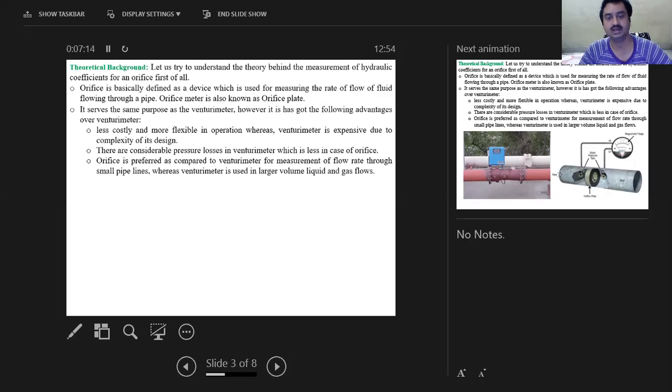And the third point is that an orifice is basically preferred over a venturimeter for measurement of flow rate through small pipelines. For small pipelines, an orifice is preferred, whereas a venturimeter is preferred for larger volumes of liquid and gases.